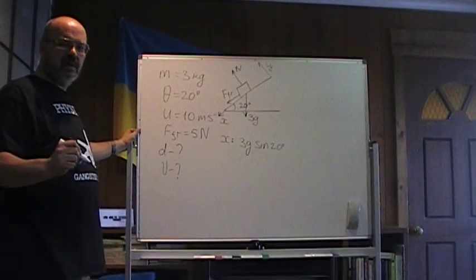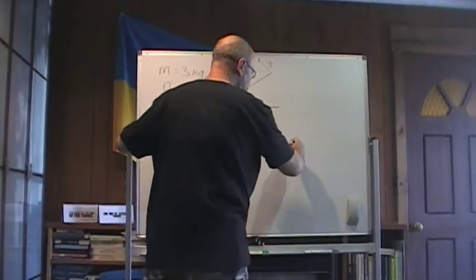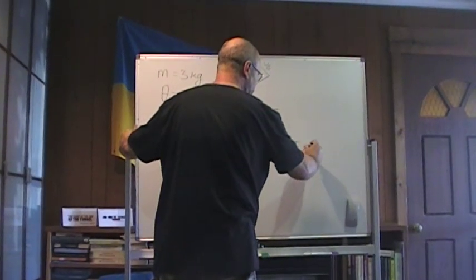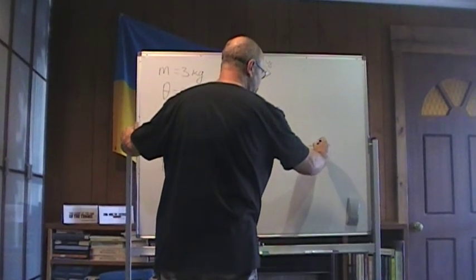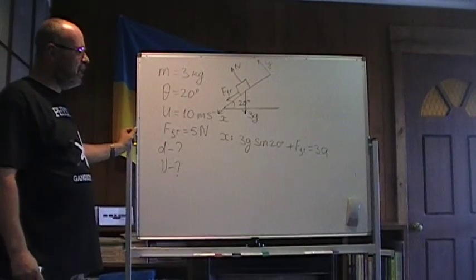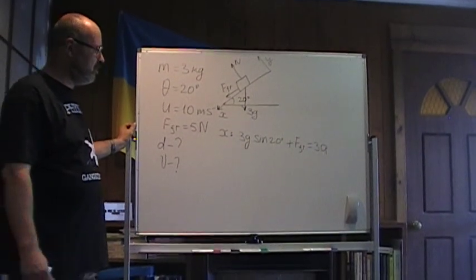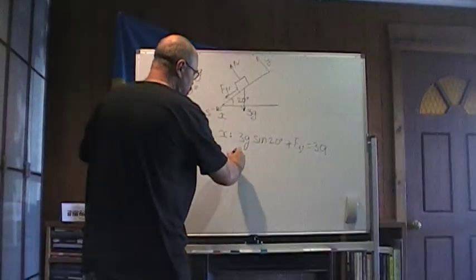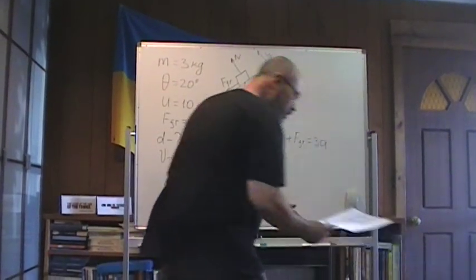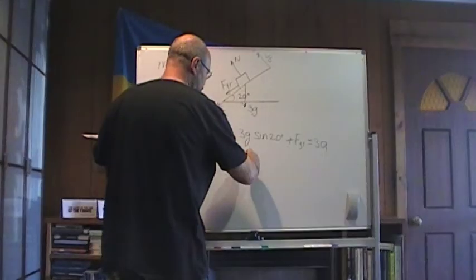And also, because it's moving up, the friction force is down, so we have plus the friction force, and that's equal to mass times acceleration. The only unknown here is acceleration. Substituting numbers, we can calculate that the acceleration will be 5 meters per second squared.